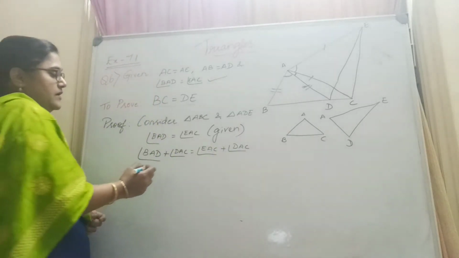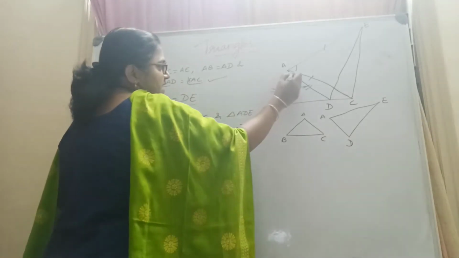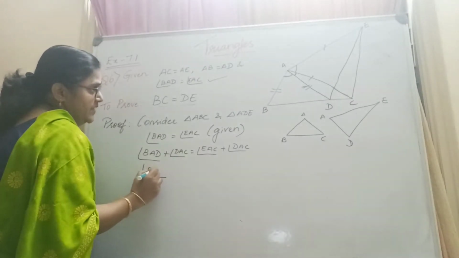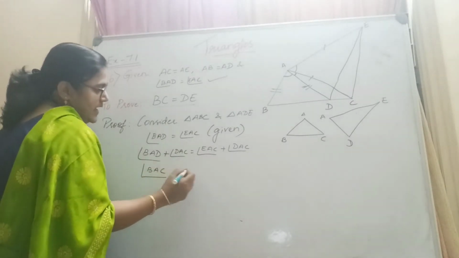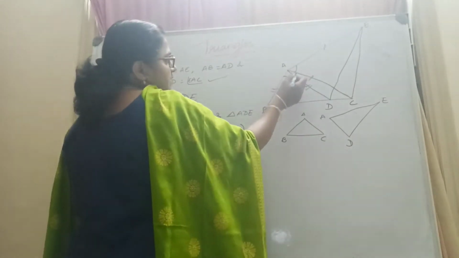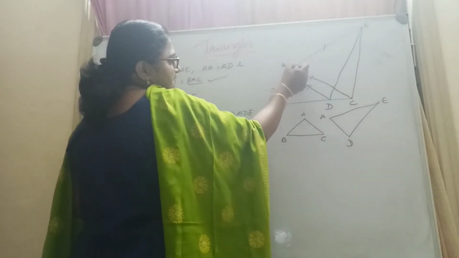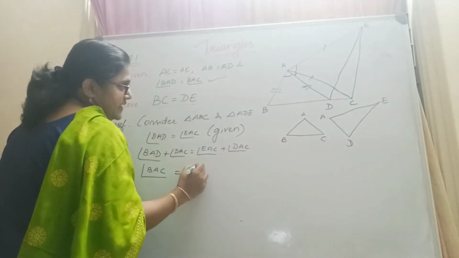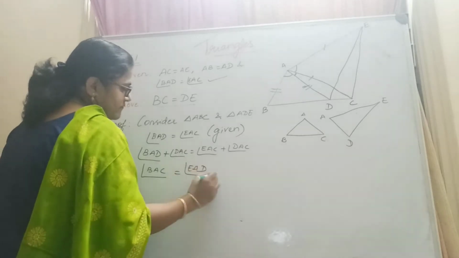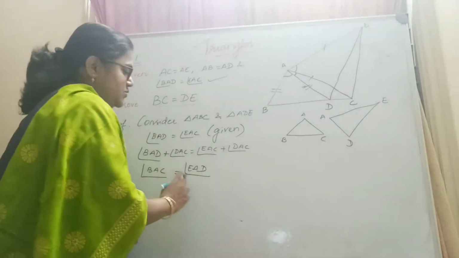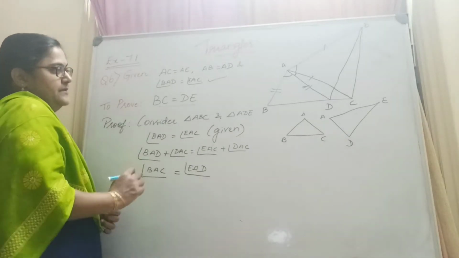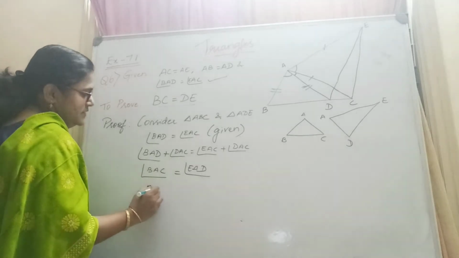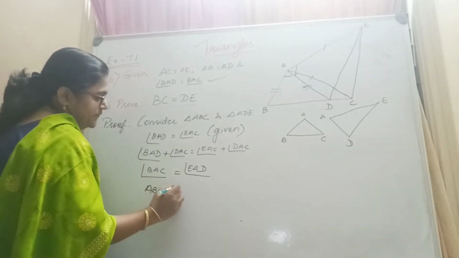Now that I have added BAD and DAC, this will become BAC, and since I have added DAC to EAC, my angle will become EAD. So these two angles are equal now. Then side AB is equal to side AD.